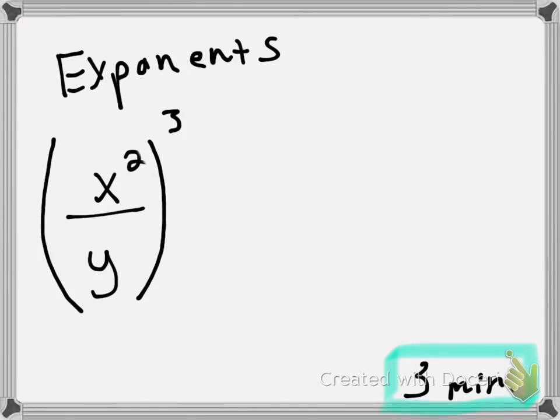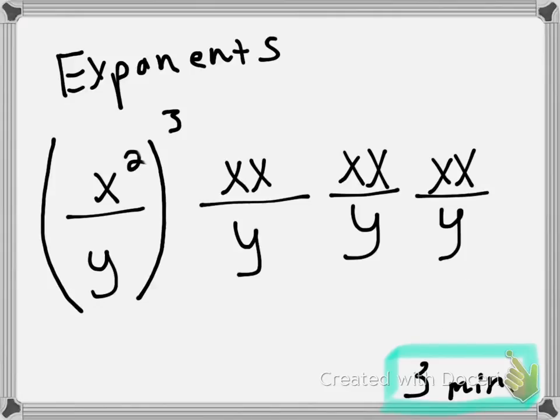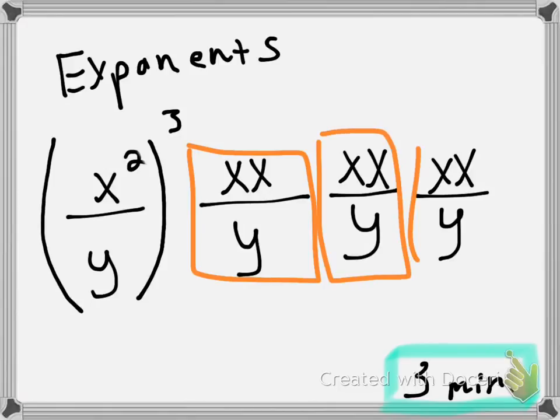So, our last slide is exponents. And you've got to remember that when in doubt, expand it out, write it all the way out. This one you will have 3 minutes. You may begin. Okay, so from here, what I did was I wrote it out a total of 3 times here, because my exponent was 3.